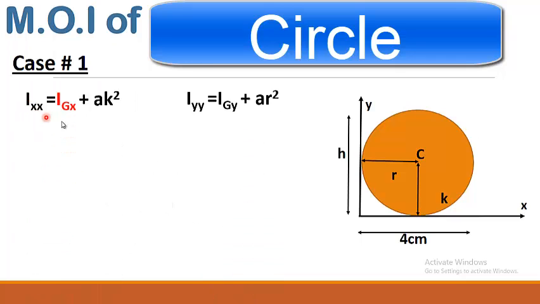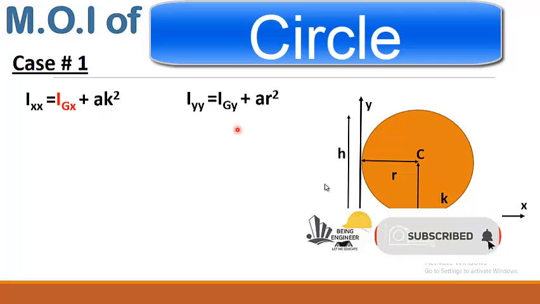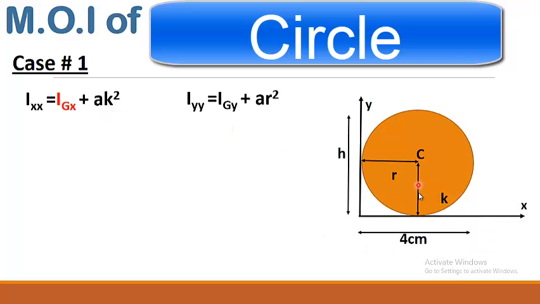Now using the theorem of parallel axis, which says that Ixx is equal to Igx plus ak square. Igx is the moment of inertia about the centroidal axis, a is the area of the circle, and k is this distance, that is the radius of gyration. Igx is equal to pi d4 divided by 64.